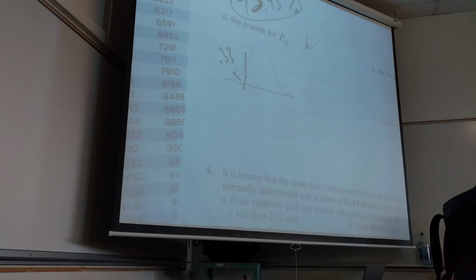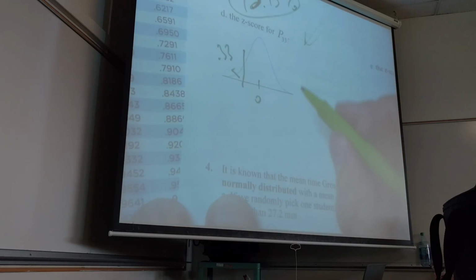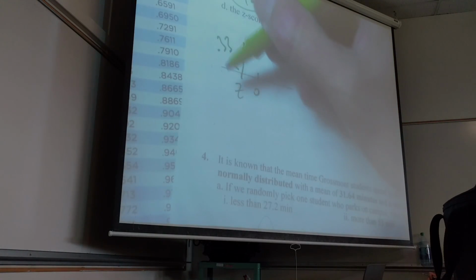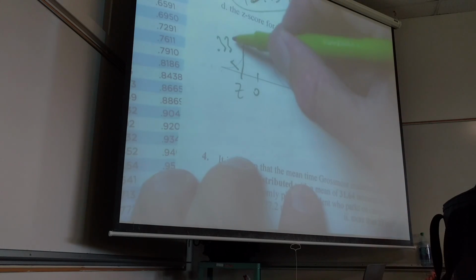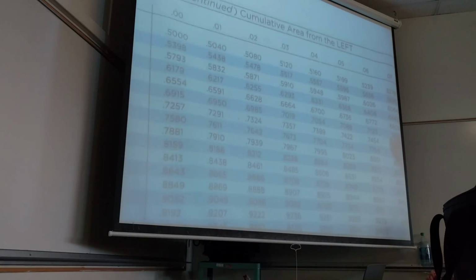It's only got 33% below it. The mean's got 50% below it. So it's got to be on this side of the mean. So I'm looking for the z-score. See how 0.33 looks like a z-score? So you put it up here so you remind yourself, that's the area. So don't say 0.33, I'm done. No, that's wrong. 0.33 is the area.